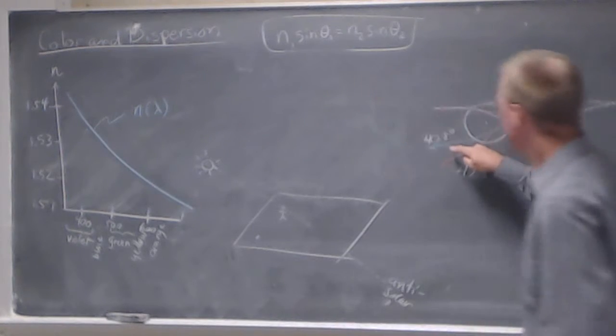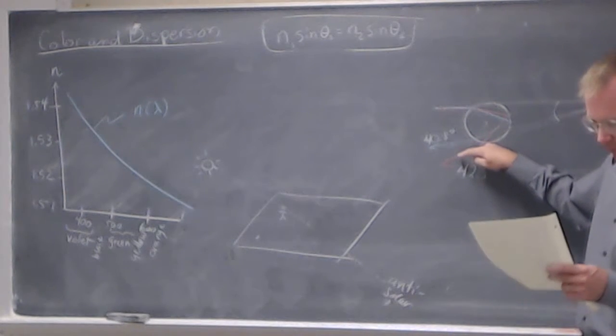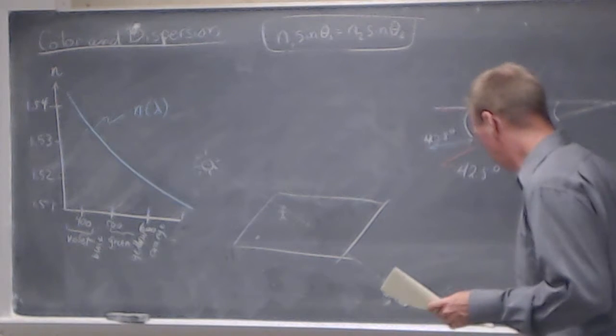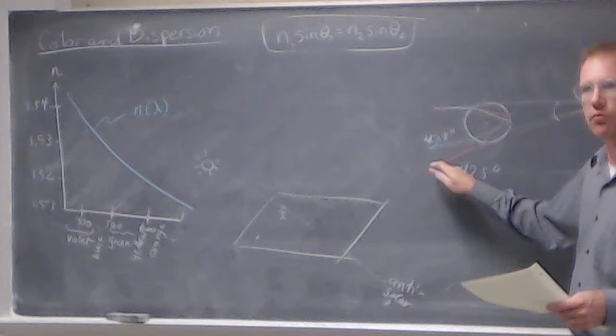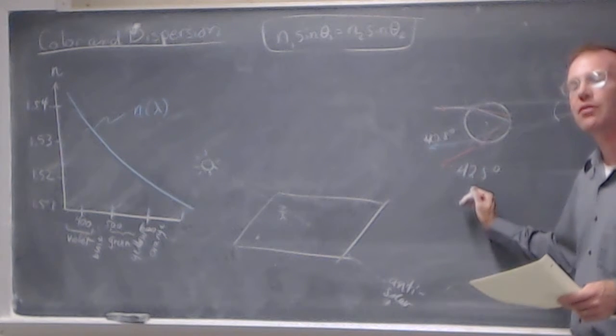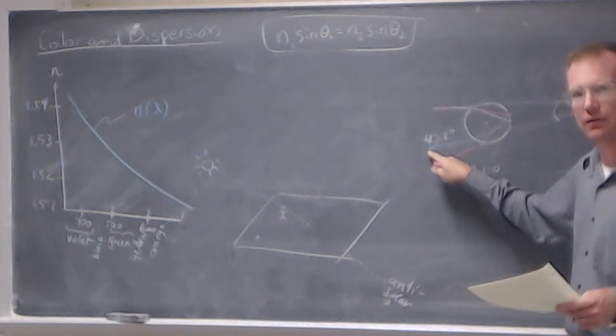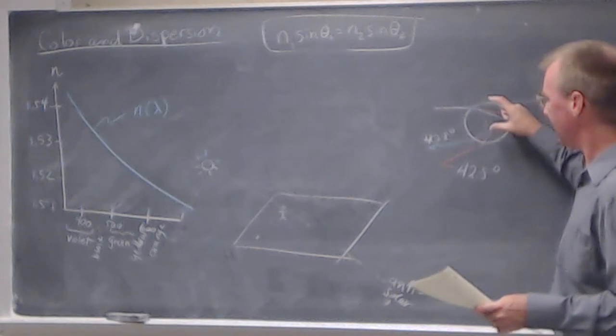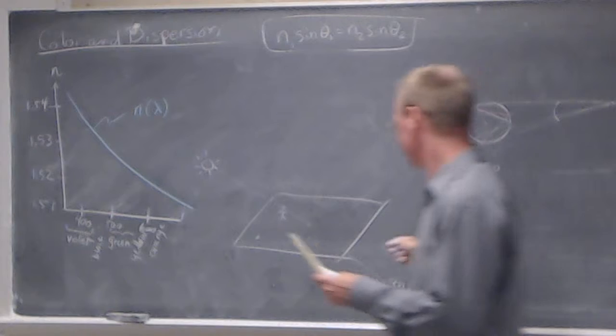Now, because the red light is bent through a larger angle, when you see red from one of the raindrops, it's higher in the sky than the blue light is, because that's at a smaller angle, and so those are the ones that are lower in the sky.